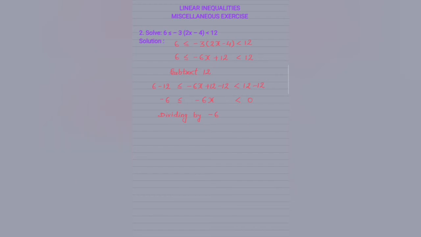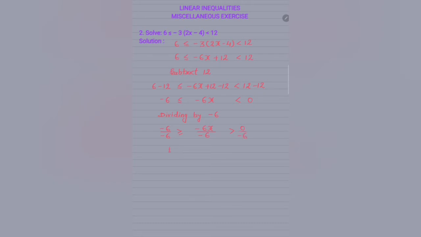On dividing by minus 6, minus 6 divided by minus 6 greater than or equal to, the sign reverses, less than or equal to becomes greater than or equal to, minus 6x divided by minus 6, and less than becomes greater than 0 divided by minus 6.